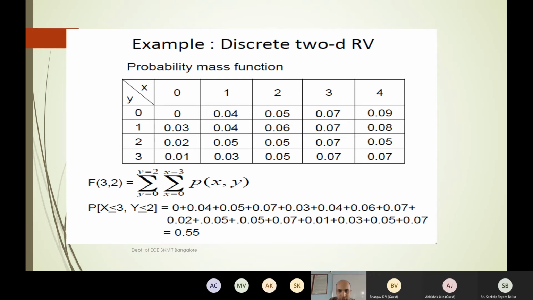All the points which lie to the left of this, you have to consider: 0, 1, 2, 3, all these points, and as well you need to consider Y less than or equal to 2, so all the points above this. So if I have to sum up all these points from 0, 1, 2, 3 and 0, 1, 2: 0 plus 0.04, 0.05 plus 0.07 and so on till this point, you get 0.55.